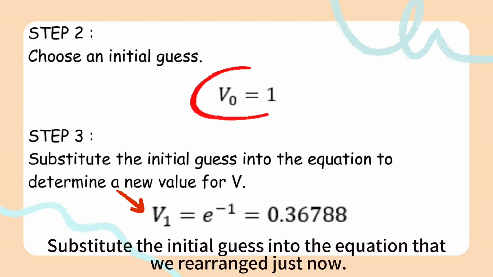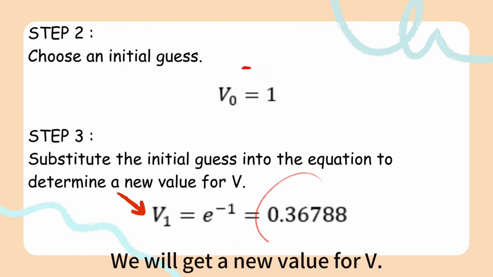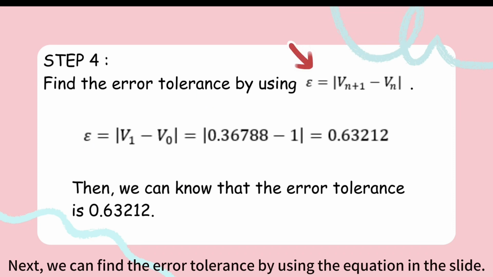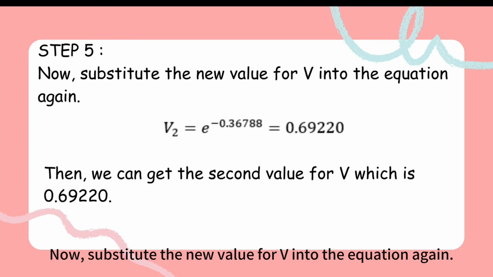Substitute the initial guess into the equation that we rearranged just now. We will get a new value for V. Next, we can find the error tolerance by using the equation in the slide. By substituting V1 and V0 into the equation, we can get the error tolerance's value. Now, substitute the new value for V into the equation again.